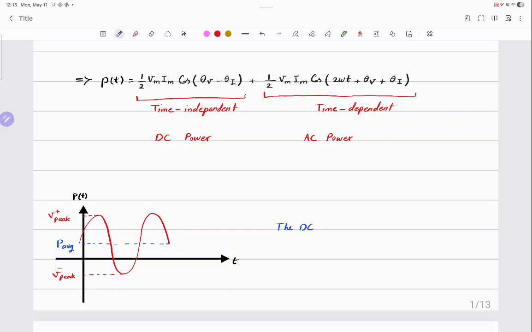The DC portion of the instantaneous power, p(t), is average power.